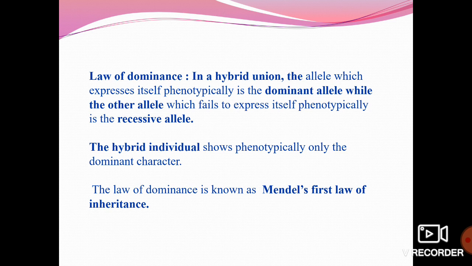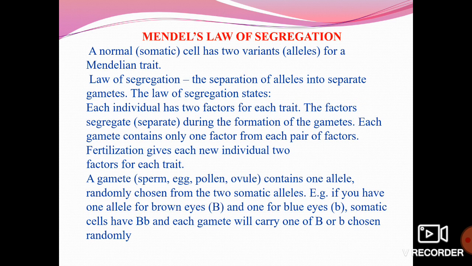Here you can see, in a hybrid union, the allele which expresses itself phenotypically is the dominant allele, while the other allele which fails to express itself phenotypically is the recessive. That brings us to the first law. That means the dominant allele always expresses.